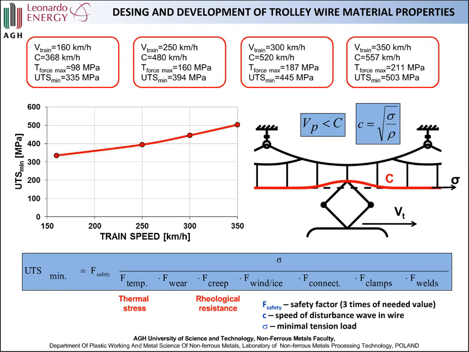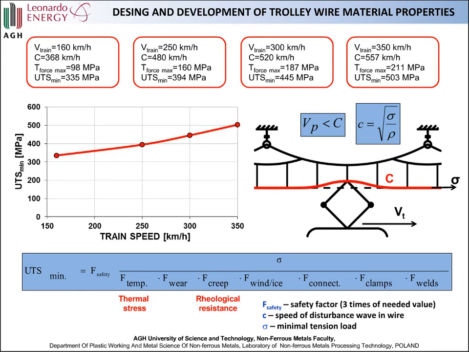Calculations made and shown on the slide, including the value of the mechanical wave and maximum applied tension, show that the ultimate tensile strength of the wires needs to be increased along with the higher speed of the train.